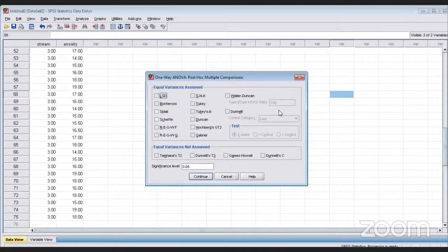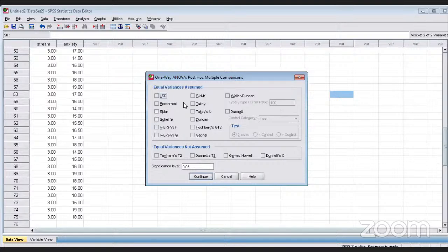And if it is significant, then it will indicate that the mean score of anxiety of arts, science, and commerce teachers differ significantly. But it will not tell whether the mean score of anxiety of arts teachers is significantly higher than that of science and commerce teachers or not.